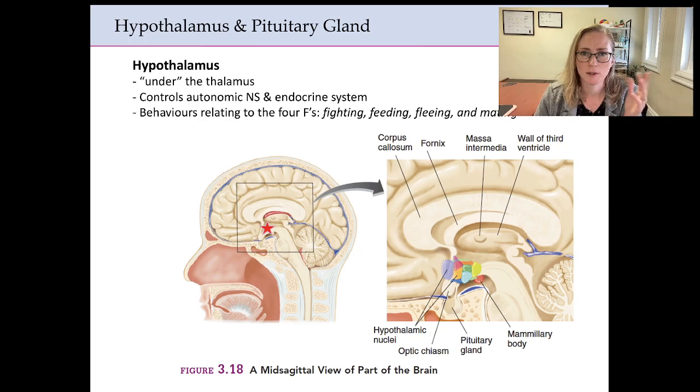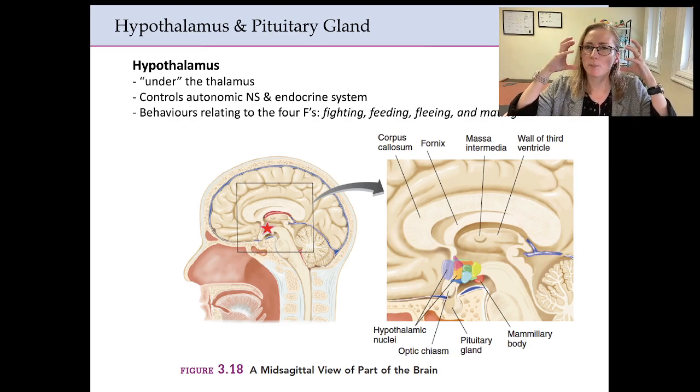It is considered the master gland. It is the one that actually sends out signals to control all of your other glands, whether it's the thyroid gland, or the adrenal gland to release adrenaline, or ovaries and testes, any of your other glands. So the hypothalamus interprets what the brain thinks: I need to run away now.